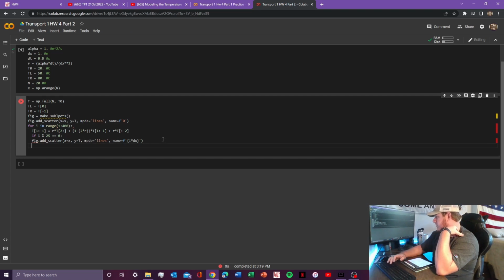And then we need to update. I think it's update scatter. No, I think it's update layout. Width first, like we're supposed to anyway.